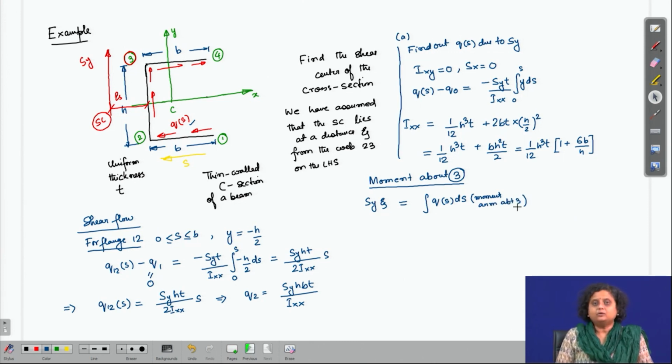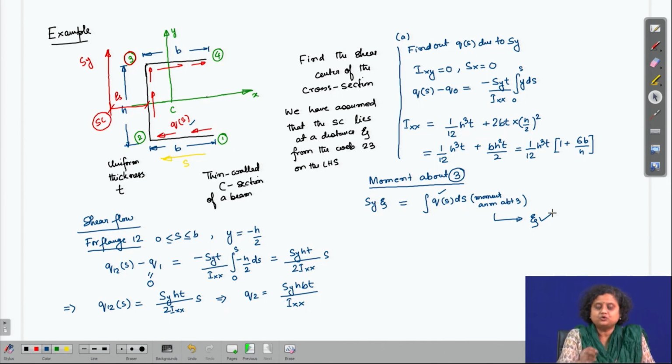Now, let us see. If we know Qs in terms of Sy, from this expression, this expression will give me zeta.